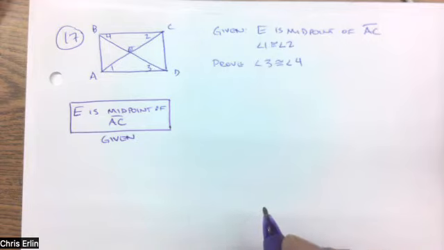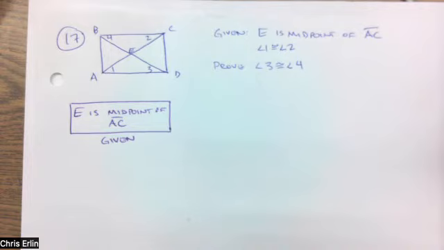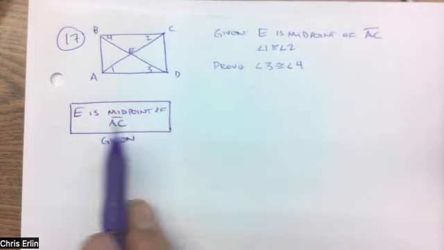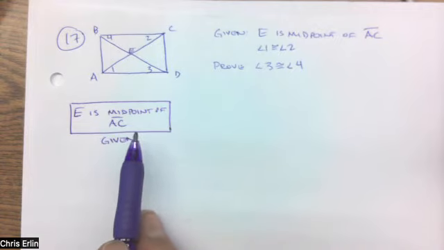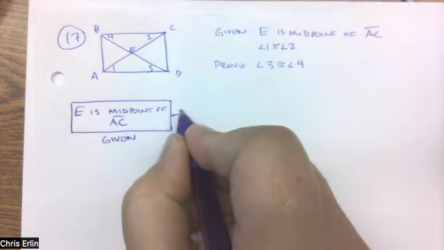All right, so I put in my first given. E is the midpoint of AC. Does that give me anything? I don't get to mark anything right away, do I? But what does it mean that it's the midpoint?